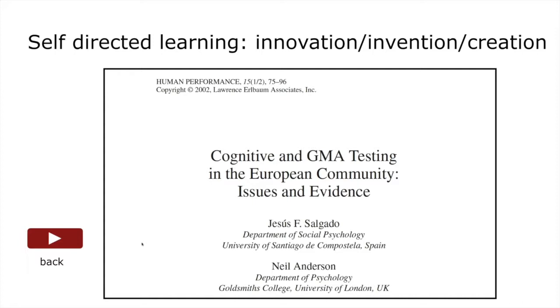And you'll see here, this is just a paper. I've just highlighted an academic paper. It's been published in Human Performance, volume 15. And it is entitled Cognitive and GMA Testing in the European Community, by two academics, Salgado and Anderson. And that is quite a landmark paper. So we'd be looking at that to give input to those general mental ability GMA testing tools.